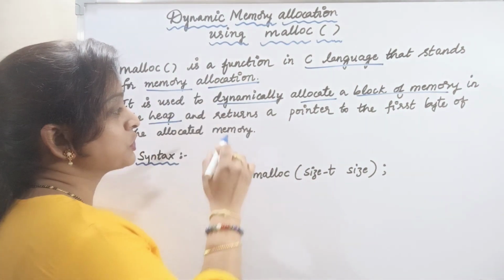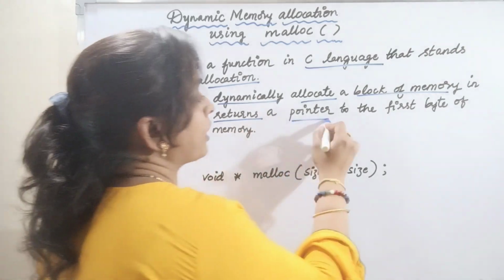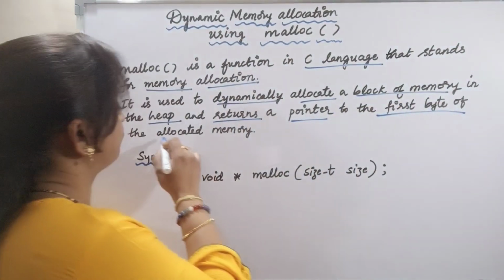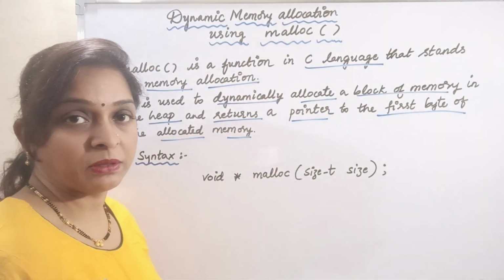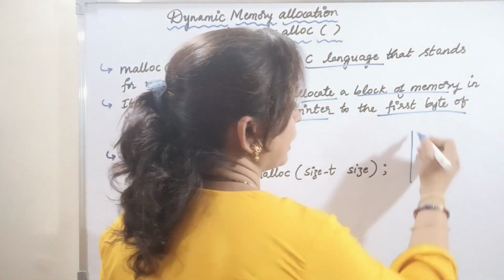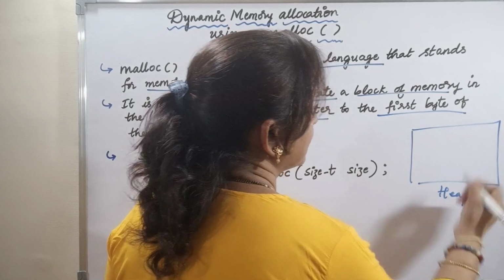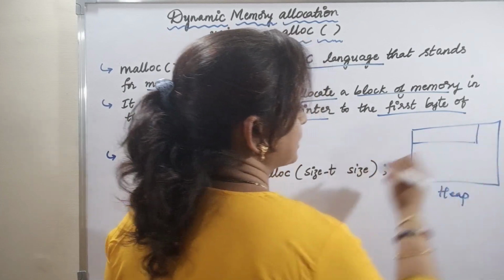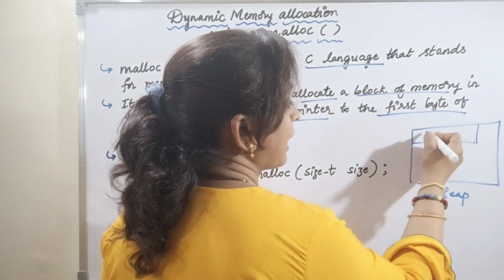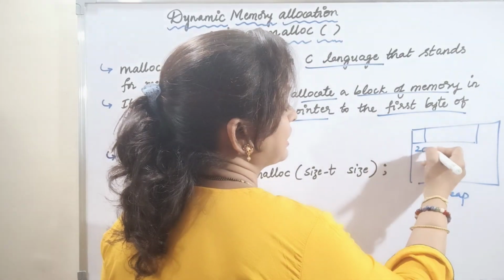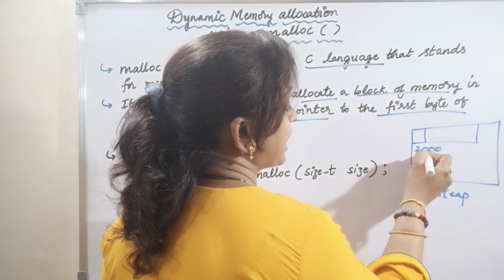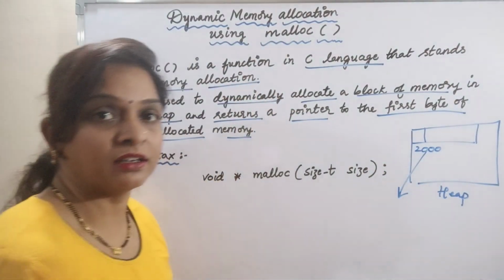It is going to return a pointer to the first byte of the allocated memory. So if I allocate a block of memory from the heap memory, and the address of the first byte is, say, 2000, this address will be returned.